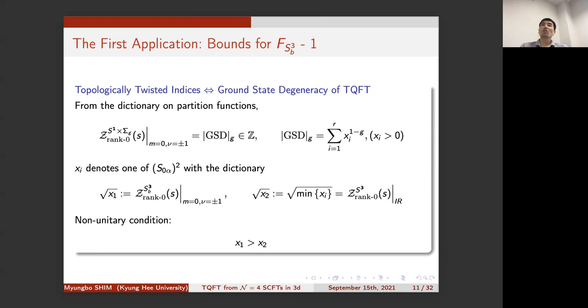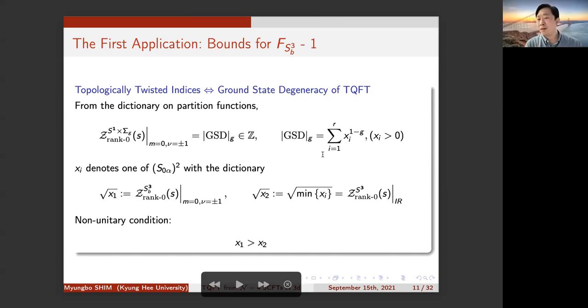So when you say i equals 1 to R, right? Those are the ground state degeneracies, aren't they? Yes. This R is the Witten index of the superconformal field theory.